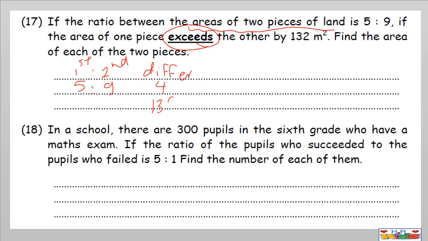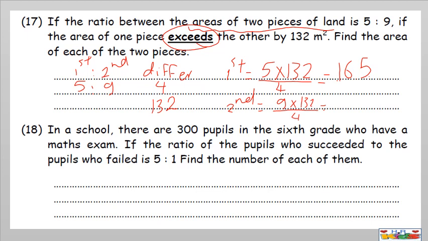Under it it's 132. Then we start to find the first. We will do 5 by 132 divided by 4. And the second equals 9 by 132 divided by 4. Let's go find the answer right away. Is it easy for you to get the answer by yourself? Many of us can do it mentally and the answer is 165. How? We can do 132 divided by 4, which equals 33.